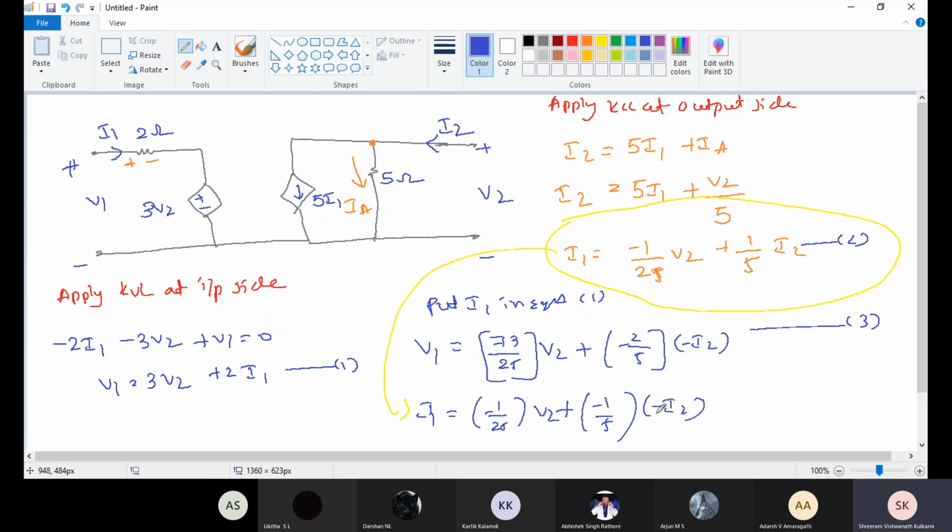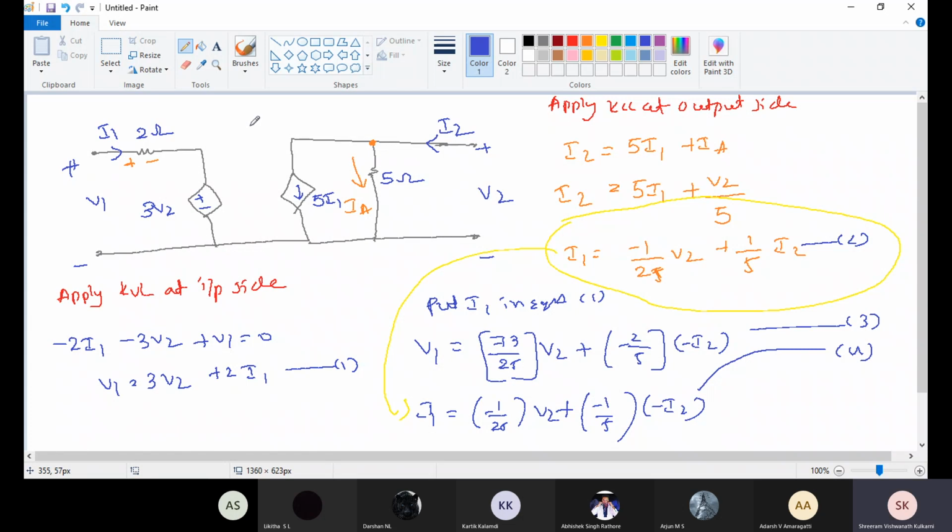That is, I express it in terms of minus I2, so that I can compare these with my basic equations.